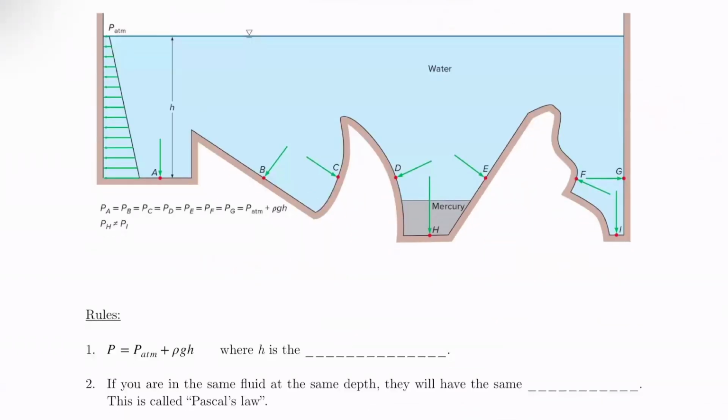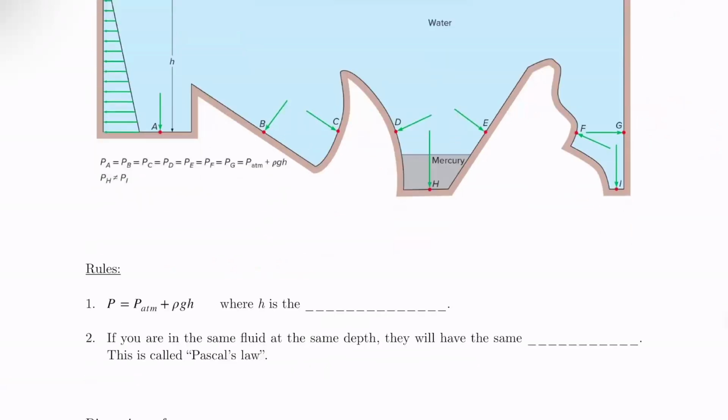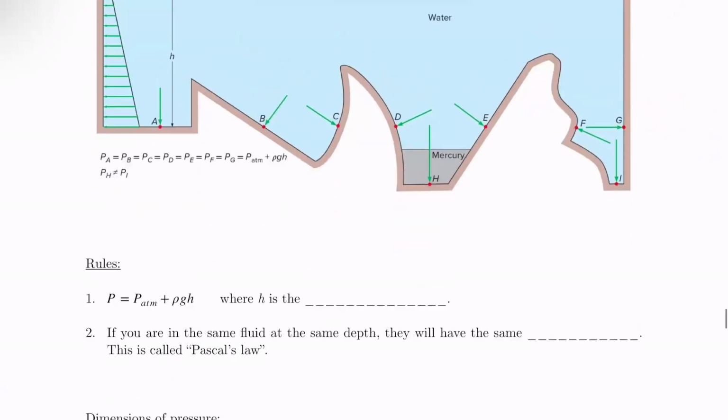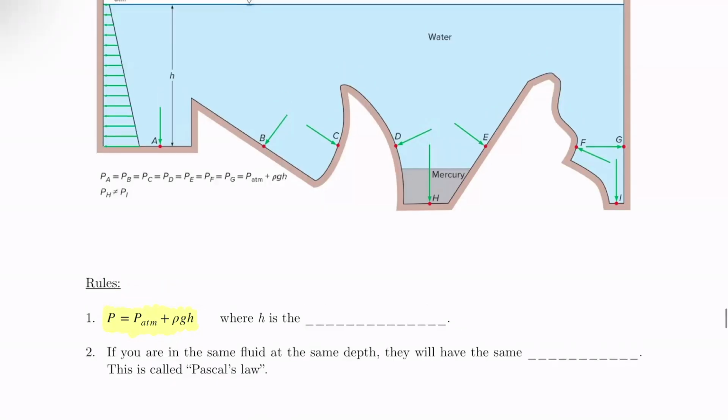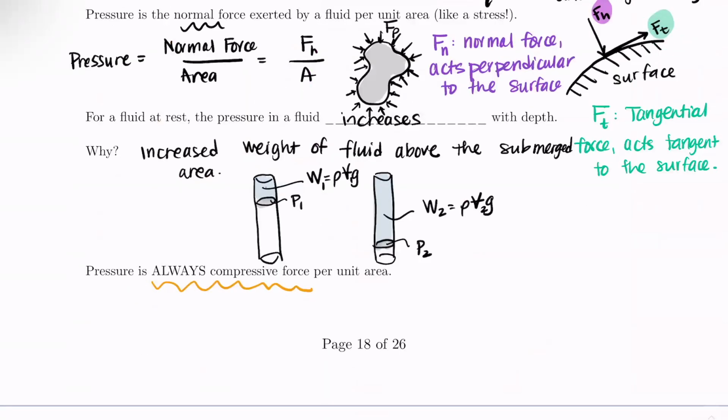Another thing that is important to talk about is some of the rules that we'll have to do with pressure. The first one is this governing equation. If you're an ME student and you take ME 3500 with me, we'll derive where this equation comes from, which essentially talks about the weight of columns of water.